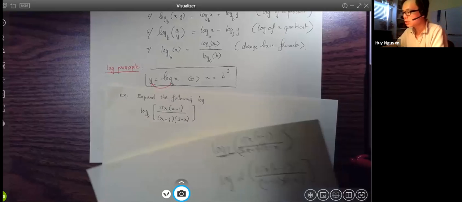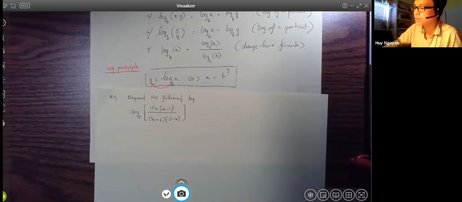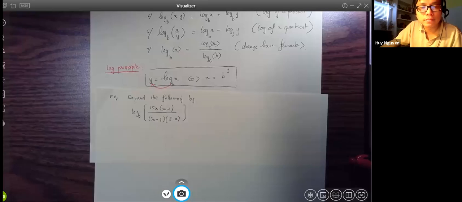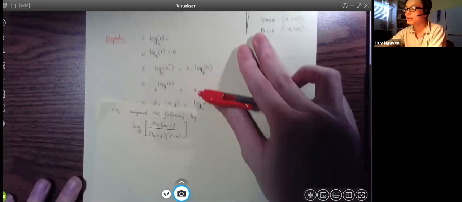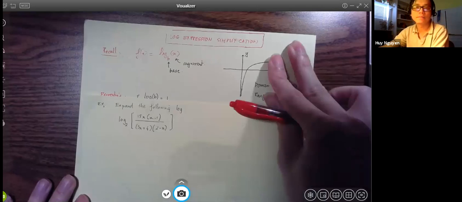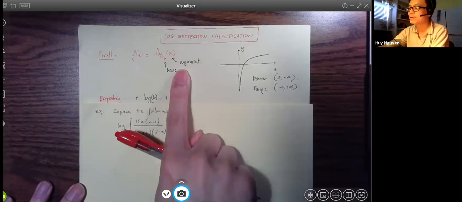All right, so now get back to the example. The strategy to deal with this kind of question is that first, you must be able to recognize what part in the question is the argument. What part is the argument in that log? We go back to the definition, which we recalled a couple of minutes ago in the session today.